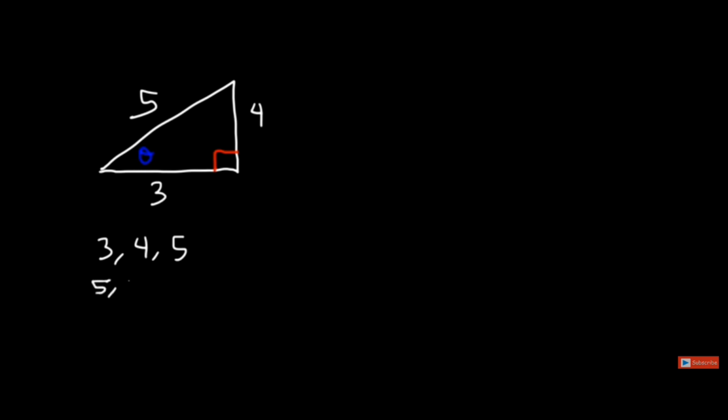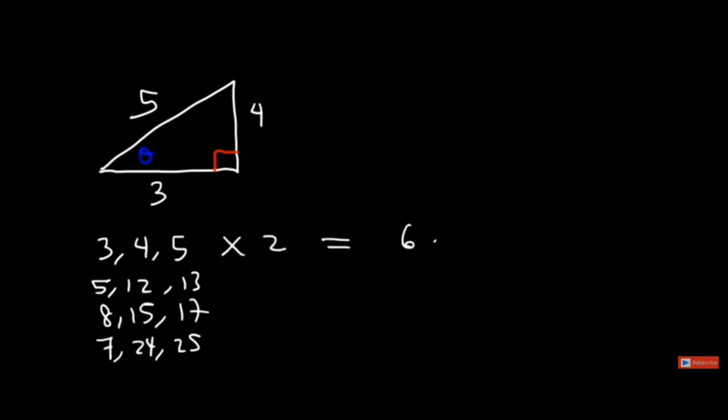Now, it turns out that there are some special numbers. There are the 3, 4, 5 right triangles, the 5, 12, 13 right triangles, the 8, 15, 17 right triangles, and the 7, 24, 25 right triangles. And any whole number ratio or multiples of these numbers will also work.